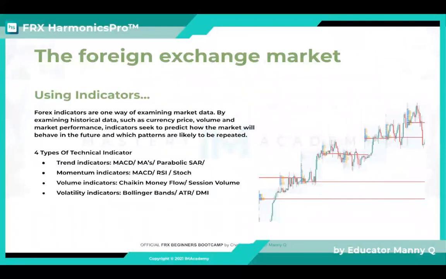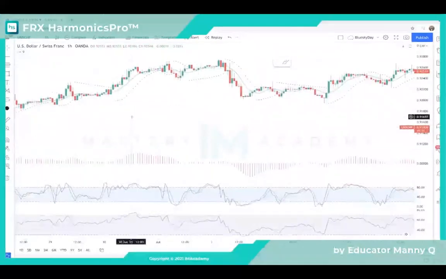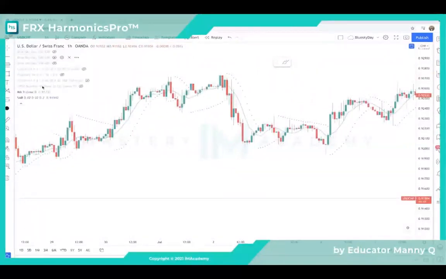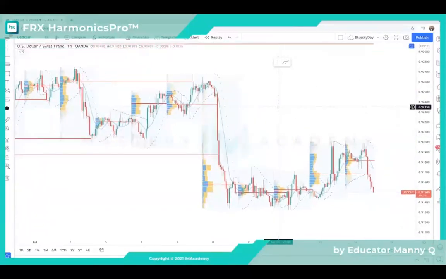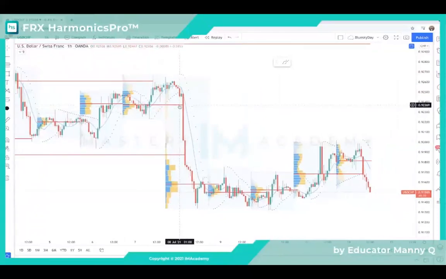any given time. Okay. Volume indicators such as the money flow or session volume, and I would really recommend session volume as the best volume indicator. I really wouldn't use anything else if you guys want to trade with volume. Volume indicators basically tell you where all of the money is at in the market, okay?